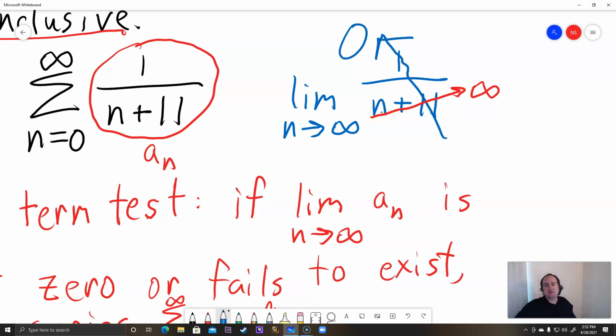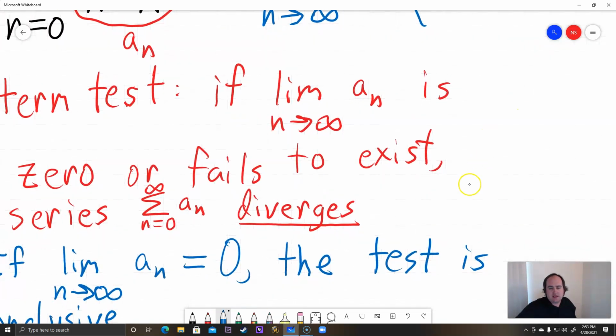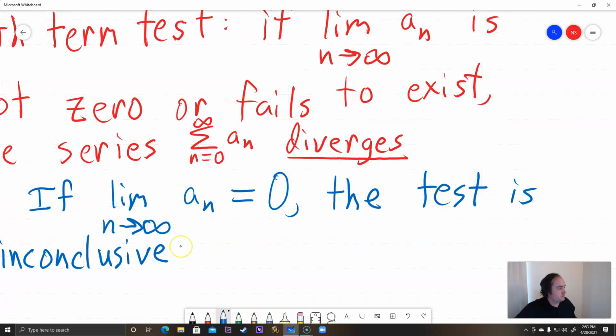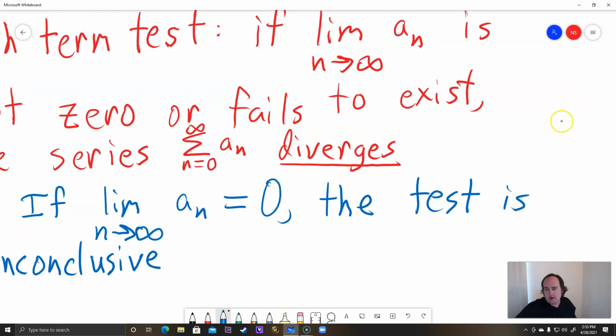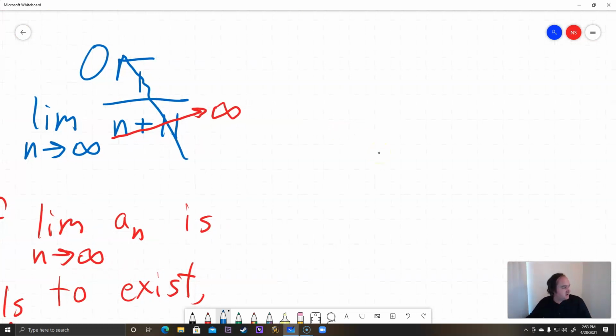And because it goes to 0, that's the case where the test is inconclusive. So how do we write our answer? Well, in my math lab, they just say the test is inconclusive because this limit equals 0.